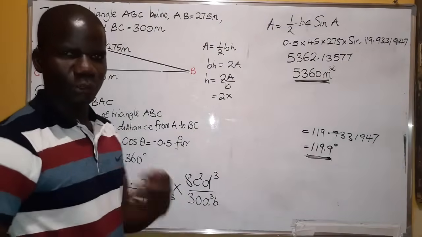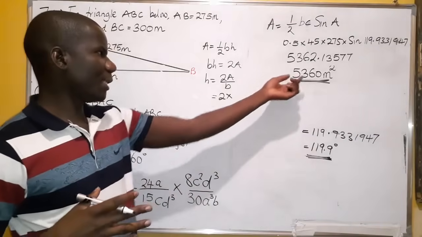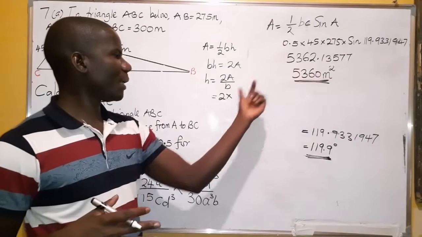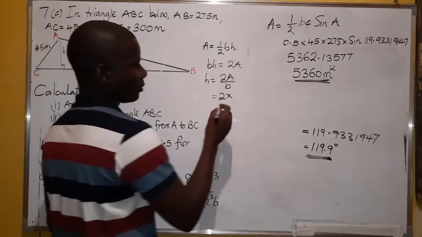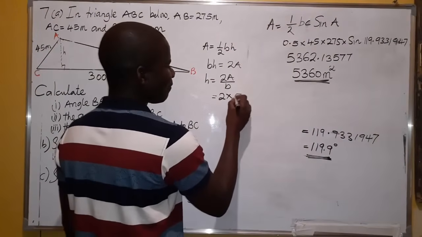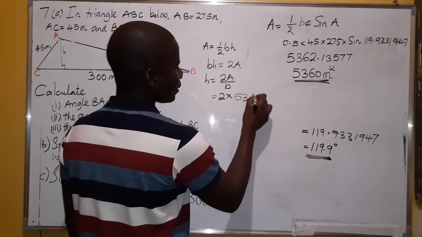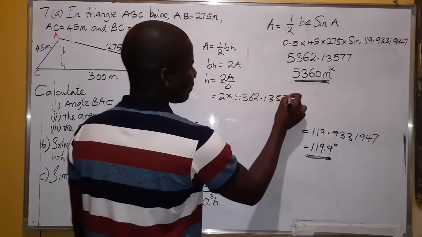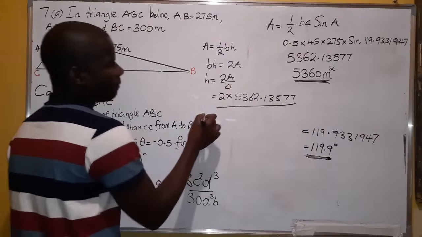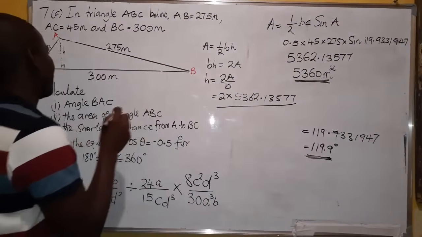Because I do not want us to round off. Like if we get this one here, it's rounded off, and again here we have to round it off. So we keep on reducing the accuracy. So we'll get 5362.13577 multiplied by 2 over B, which is the base.